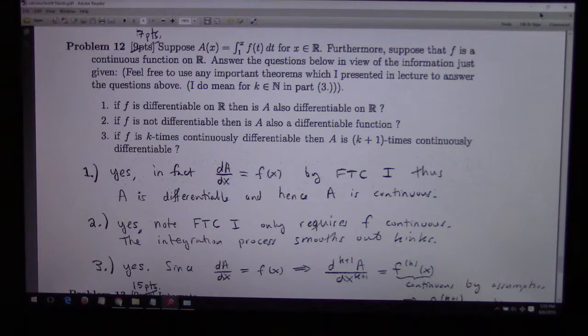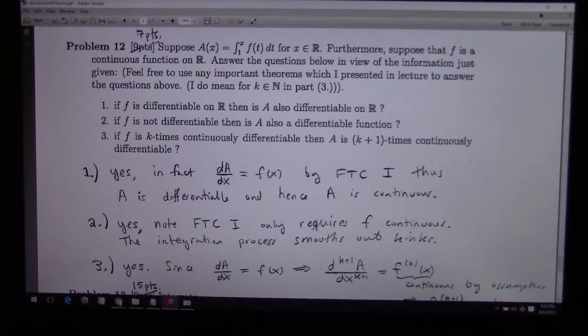Well, the derivative of A is equal to f, right? That's the fundamental theorem of calculus part 1, which holds for continuous functions, at least. So yeah, A is differentiable.